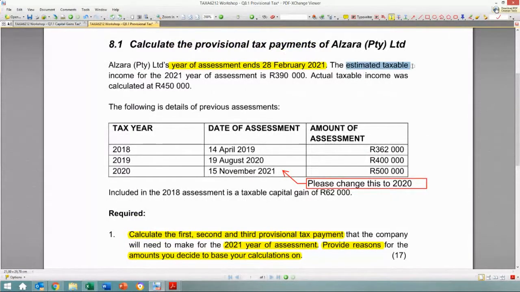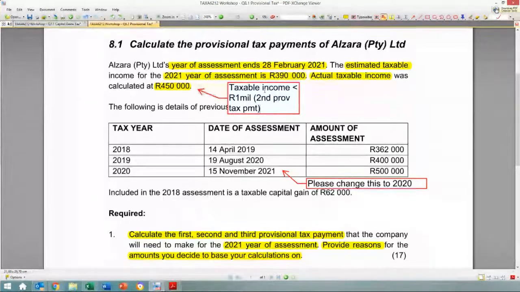Okay, so let's see what other information they've provided. They tell you the estimated taxable income for your 2021 year of assessment is 390,000, and then the actual taxable income was 450,000. Okay, so the first thing you had to note here is that our taxable income is less than 1 mil, which will be important when we do the second provisional tax payment calculation.